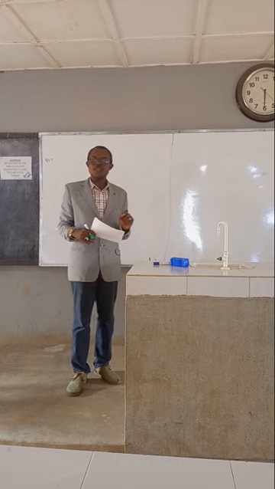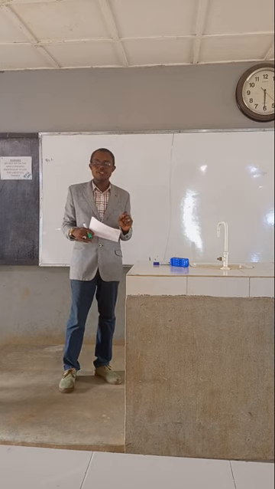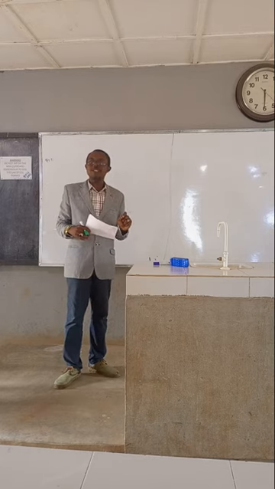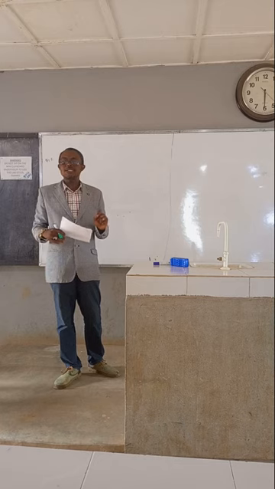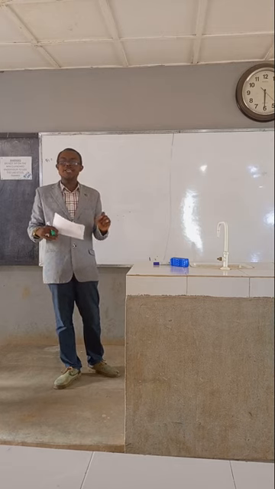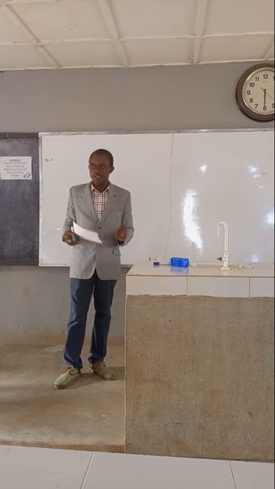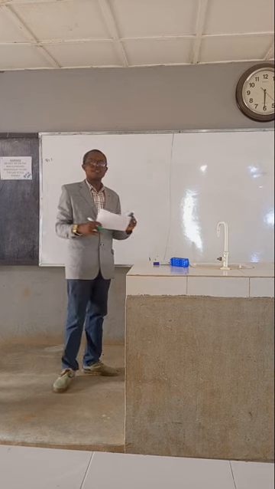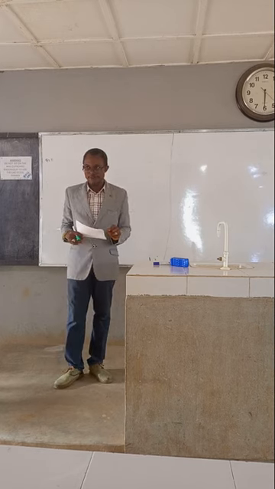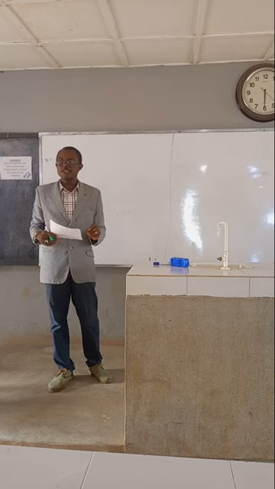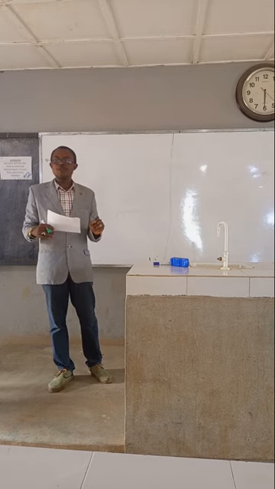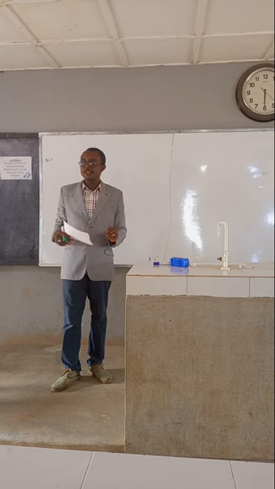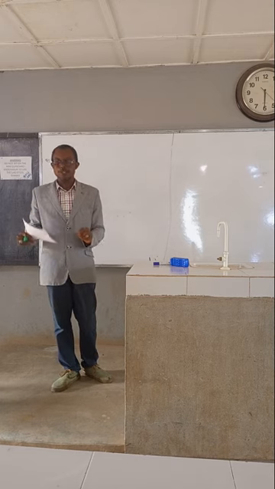We went further to talk about what we call uniform speed. When we talk about uniform speed, we are talking about the distance that is covered at an equal time interval, no matter how small the difference between them is. For example, if you cover 20 meters in 5 seconds, the speed will be 20 meters divided by 5 seconds, which gives 4 meters per second.